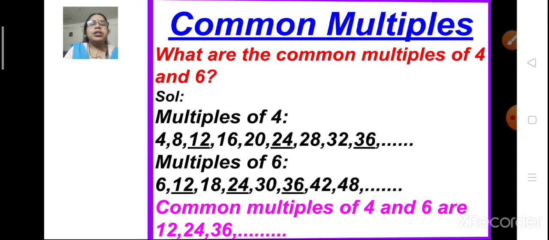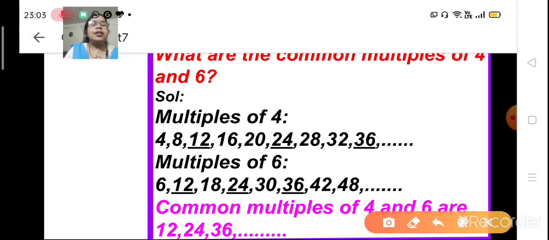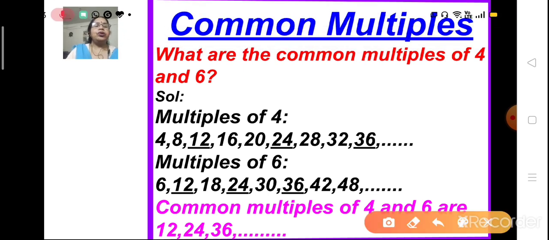So, the multiples of 4 will be 4, 8, 12, 16, 20, 24, 28, 32, 36 and so on. And what will be the multiples of 6? The multiples of 6 will be 6, 12, 18, 24, 30, 36, 42, 48 and so on. We can find many more.